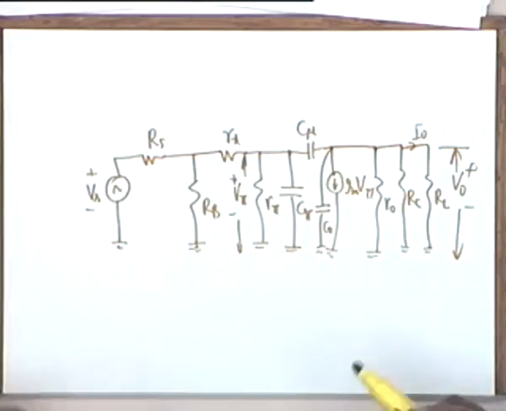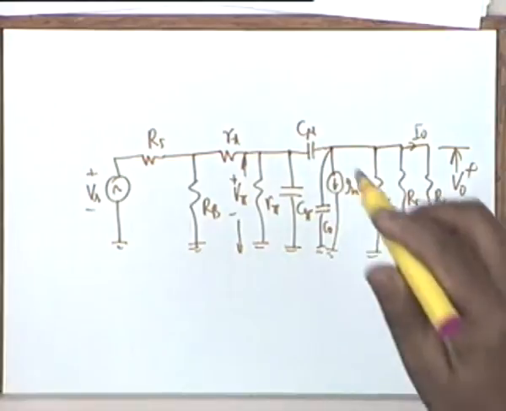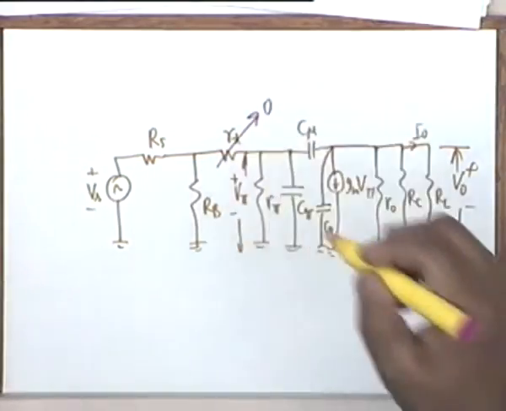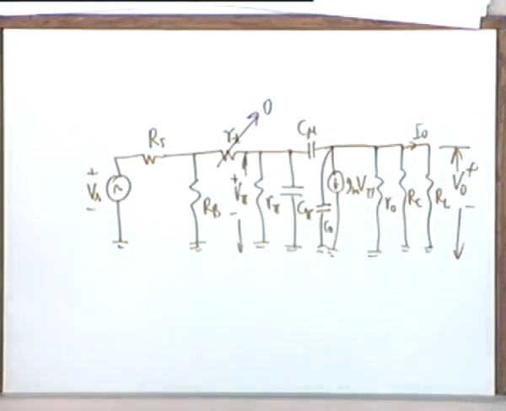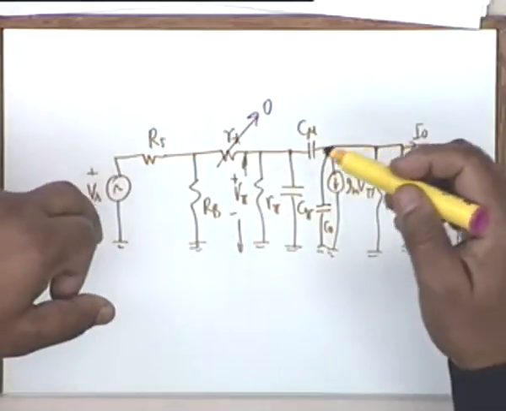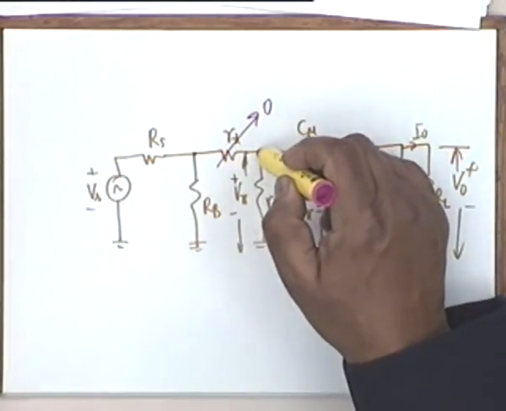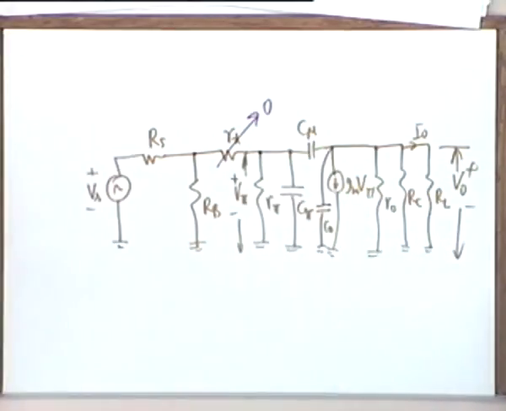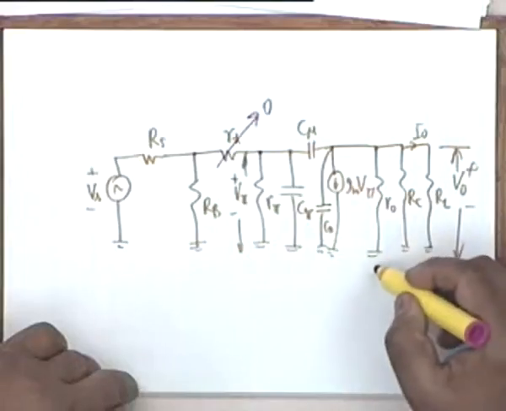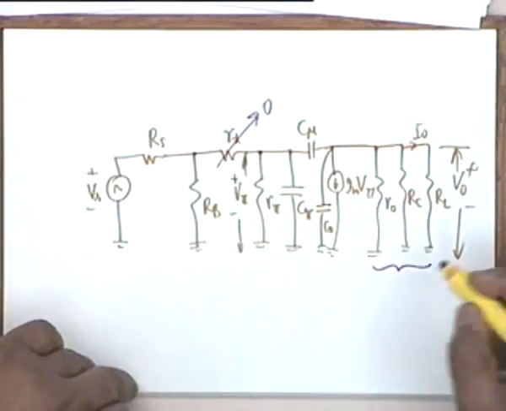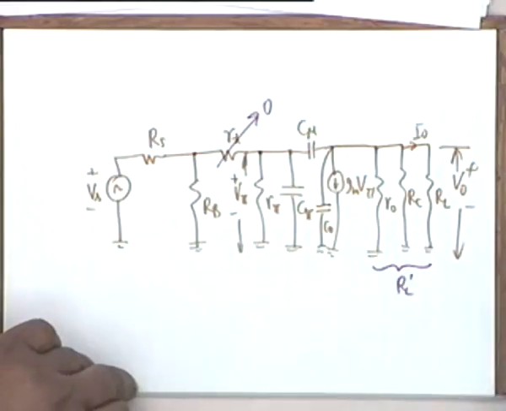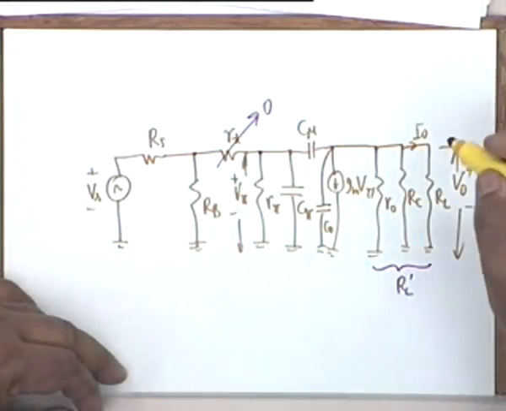We make some simplifications now. In this circuit, we assume that Rx tends to 0. Rx causes a problem because if Rx is there, we have to consider this and this as independent nodes. If Rx is not there, we can combine the two. Usually Rx can be ignored. Okay? And you see these three resistances can be combined into one resistance, we call this RL prime.